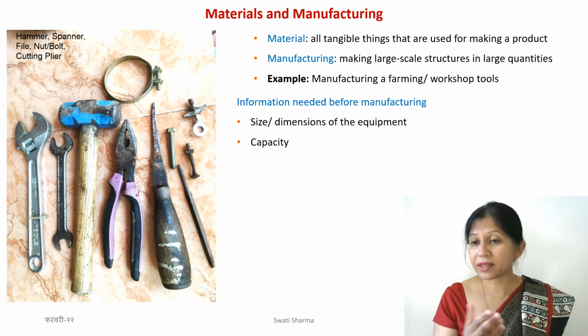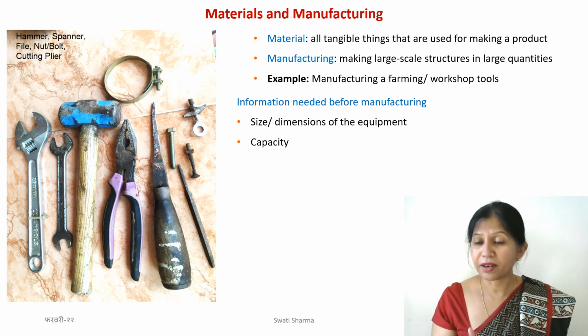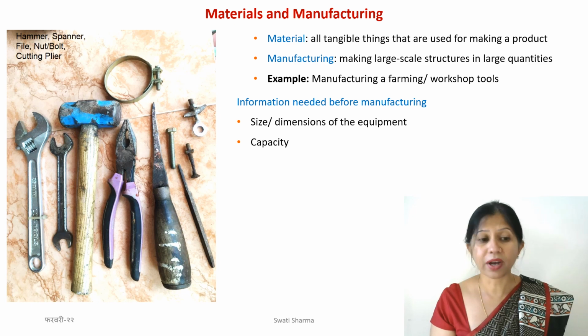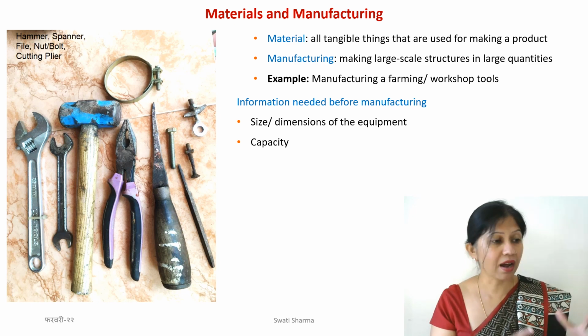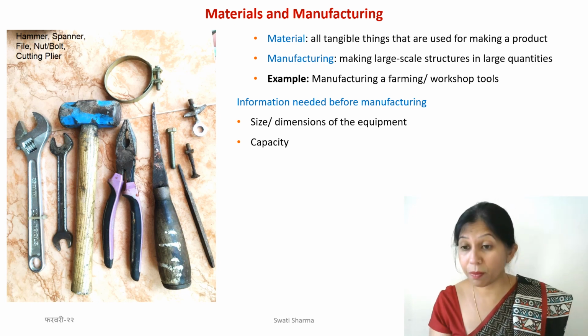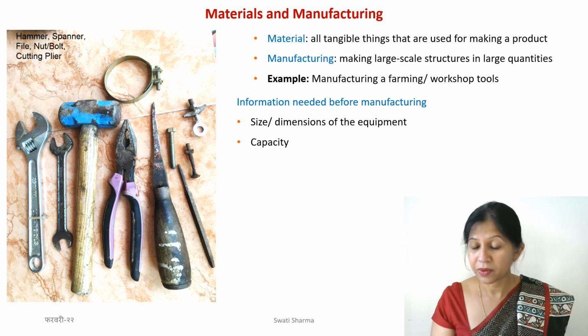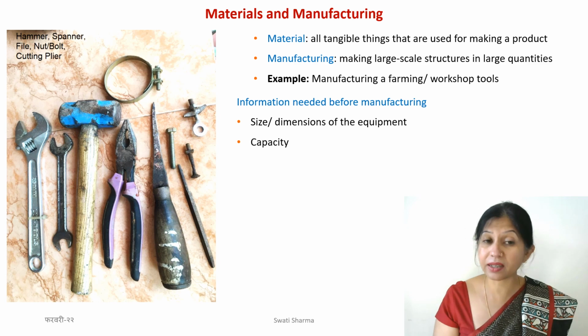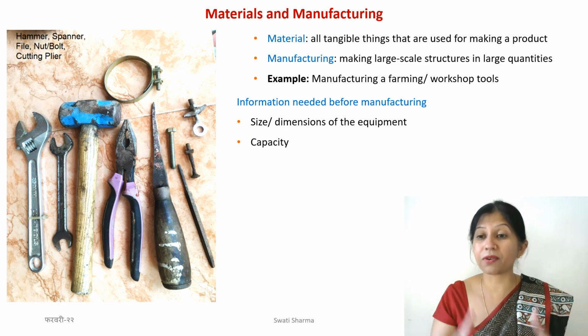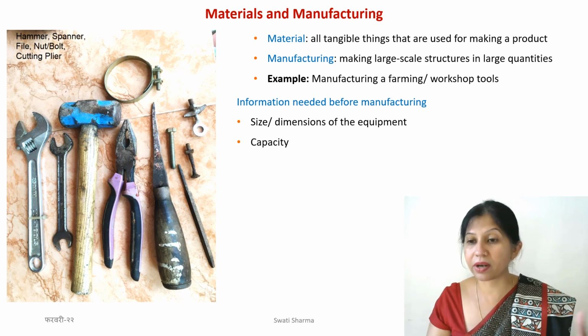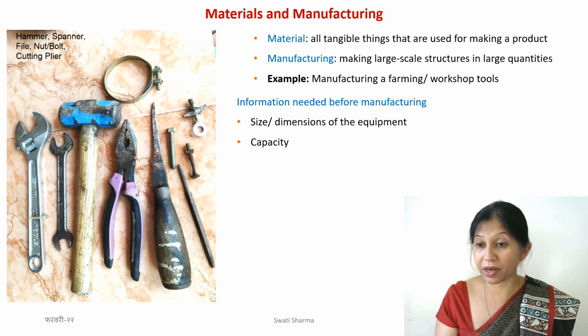In the case of capacity, capacity is defined differently for different purposes. For example, if it is a larger machine, a farming equipment, and you are separating grains with it, then you will need to know the quantity of grains, 1 kilogram or 100 kilograms. That is what is meant by capacity.